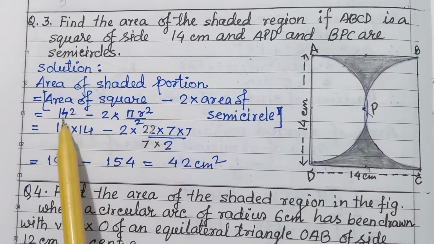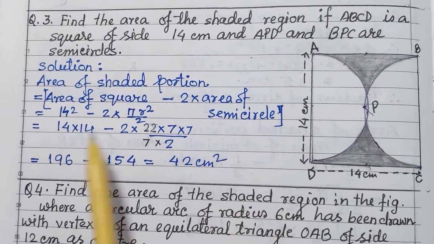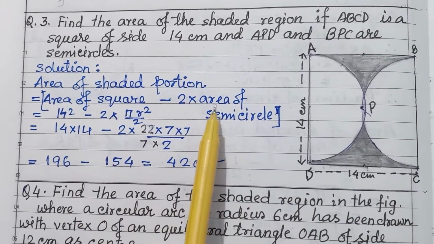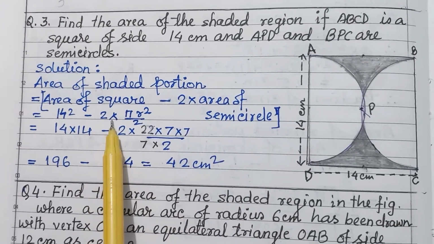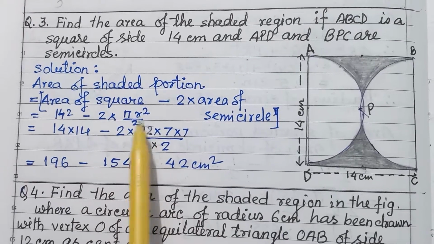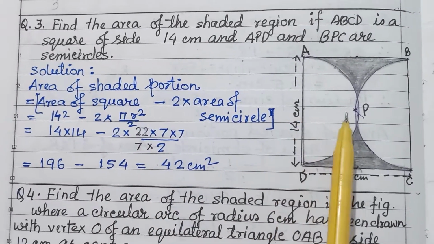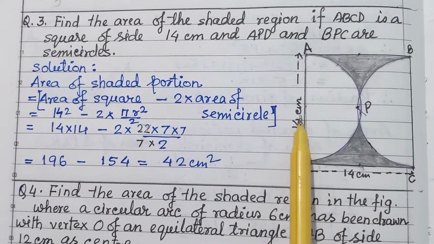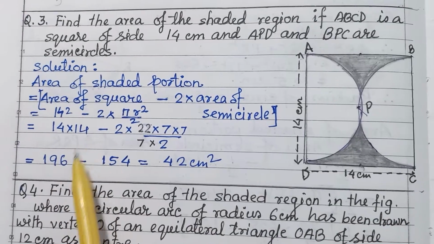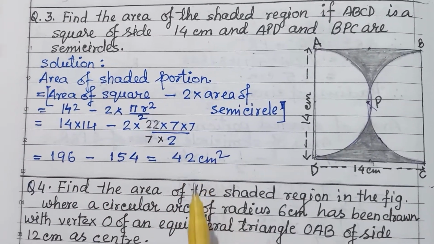Area of square is 14 square, and the two semicircles are 2 into half pi r square. R is 14, so its half is 7. So 196 minus 154 is equal to 42 centimeter square.